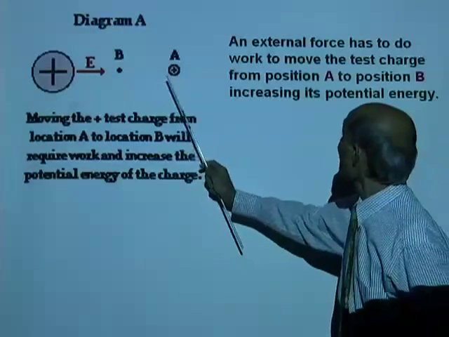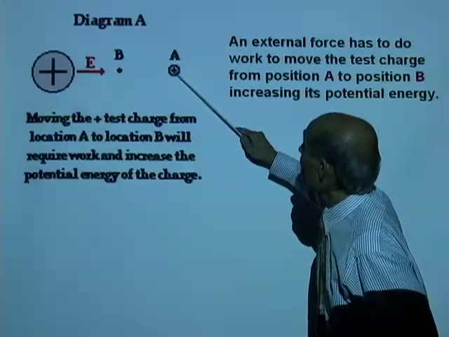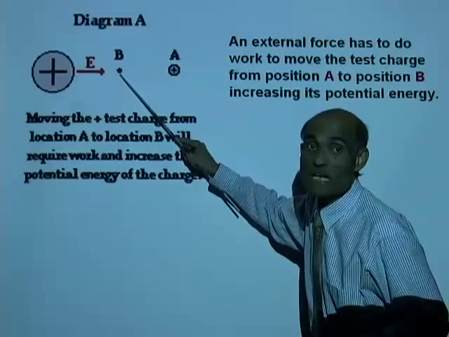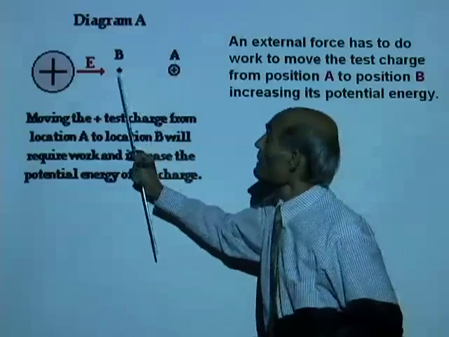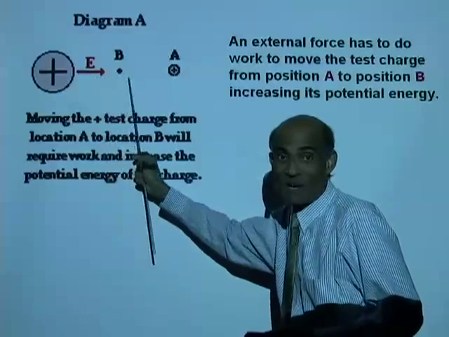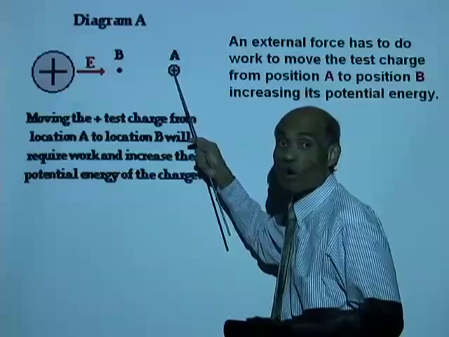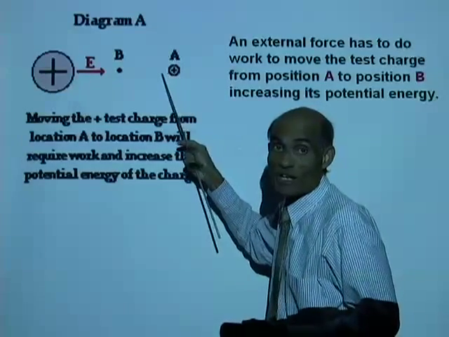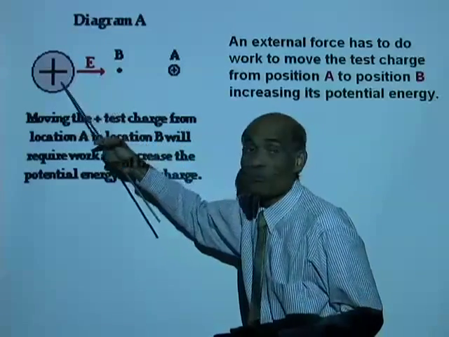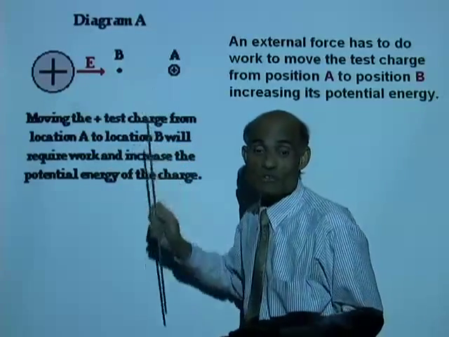An external force has to do work to move the test charge from A to B. You see, because the field is directed away from the positive charge, if you want to move a positive test charge towards the positive charge, an external force needs to do work.